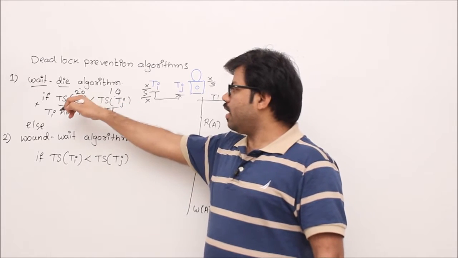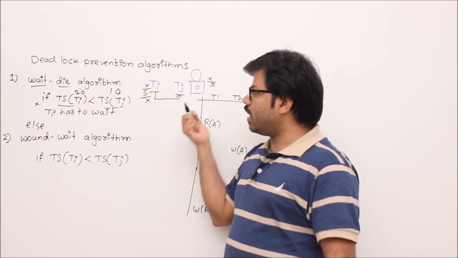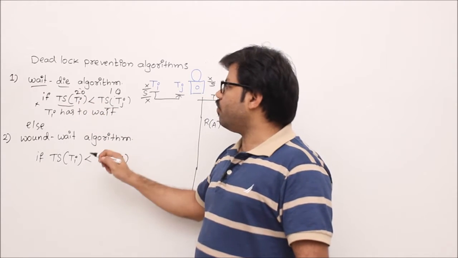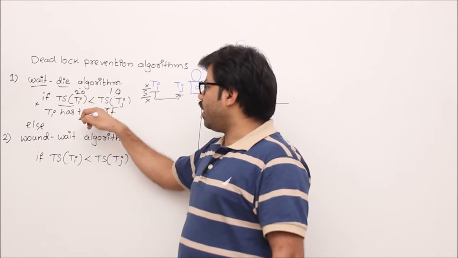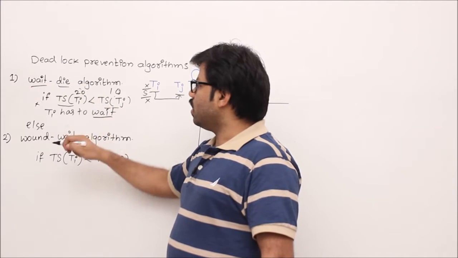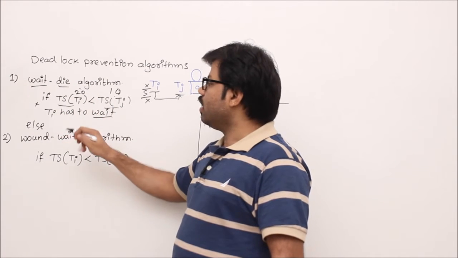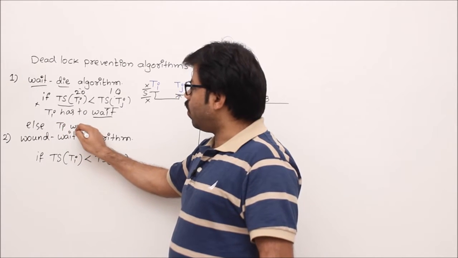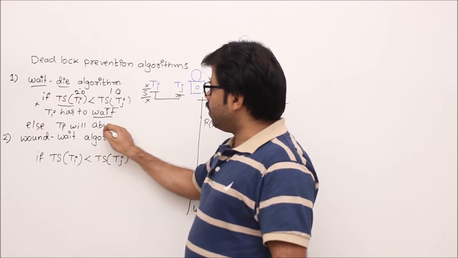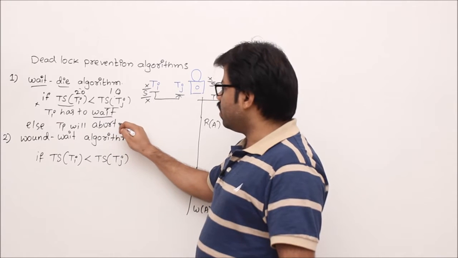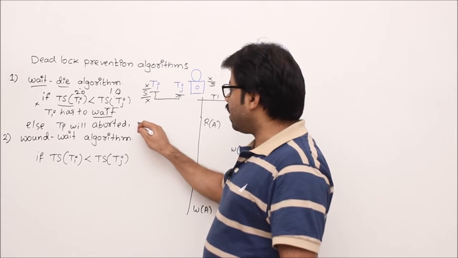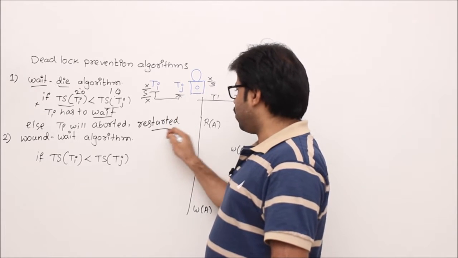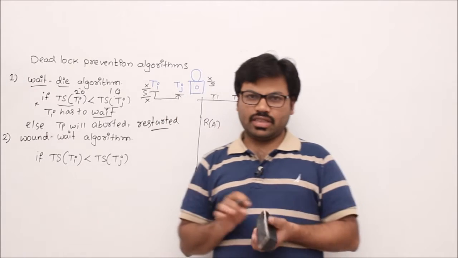That means a younger transaction is asking for a lock which is held by an older transaction. In that case, the wait-die algorithm takes the other decision. In the first case Ti waits; in the other case, the same transaction Ti will die. That means else Ti will be aborted. You know the meaning of aborting, right? It is aborted and it will be restarted. We will see how it will be restarted, with what timestamp. First, let's assume that it will be restarted.